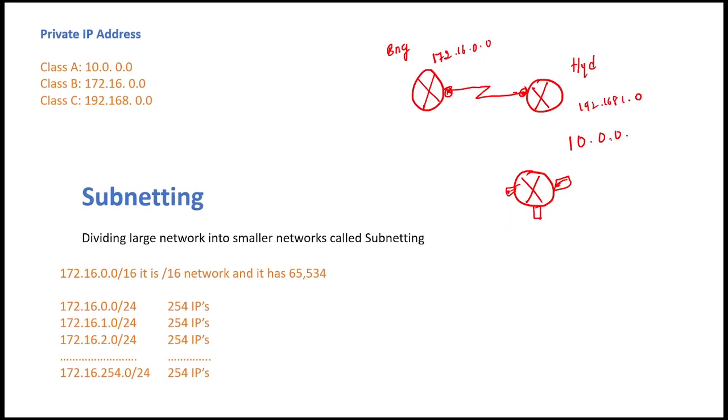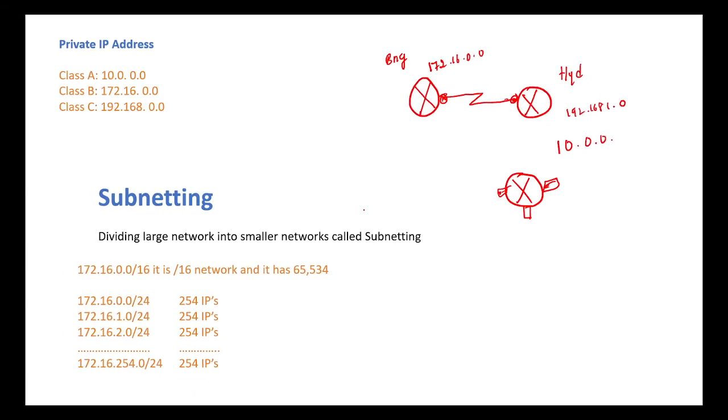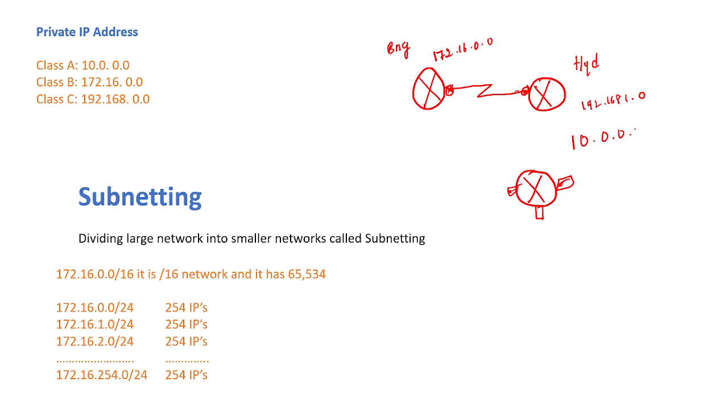Say your network team has given you this range: 10.0.0.0/24. If you see this, /24 means it is 254 IP addresses.